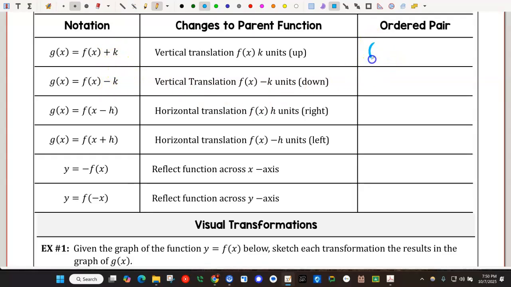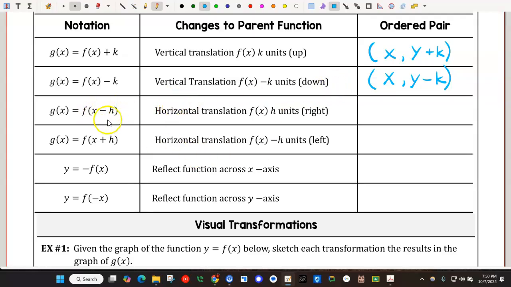So the ordered pair that we end up with is just a reflection, no pun intended, of whatever that value of k is. If it's a positive k, I'm going to take each of the y coordinates and add k to it. Same thing if it's a negative k. I'm just going to subtract k from each one. Okay, move it down.